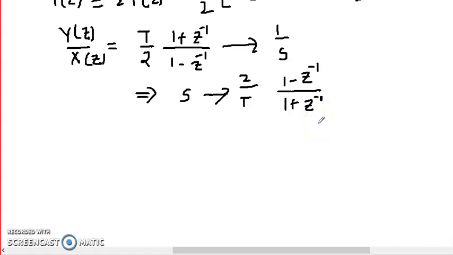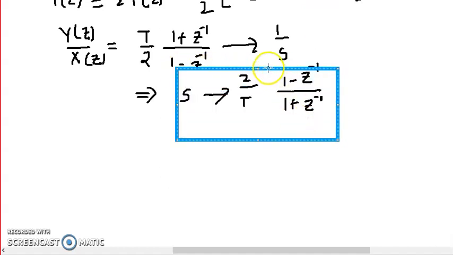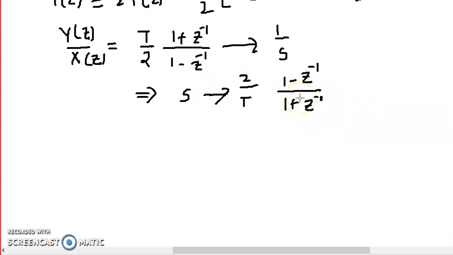So s transforms to the z domain like this, and this transformation is called the bilinear transformation.